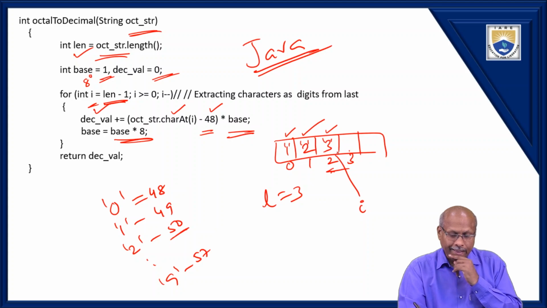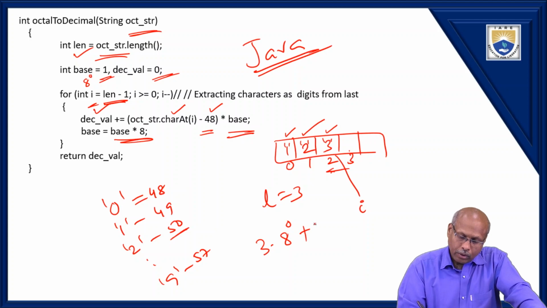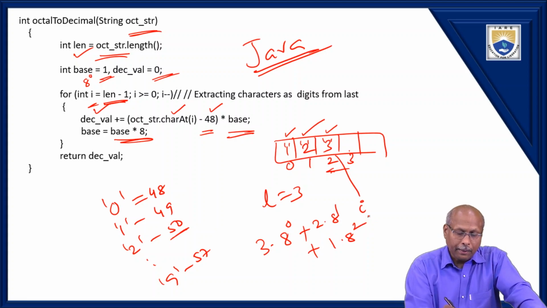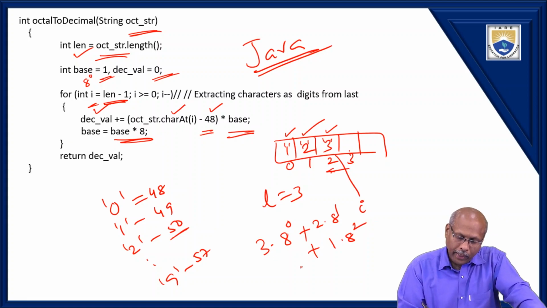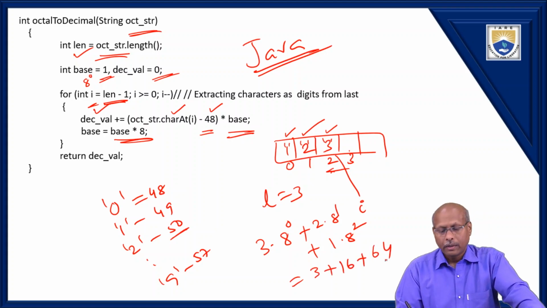So it is 3 into 8 to the power 0, plus 2 into 8 to the power 1, plus 1 into 8 to the power 2. Because every time the base is multiplying. If you add everything, that is 3 plus 16 plus 64. 64 plus 16 is 80, plus 3, 83.